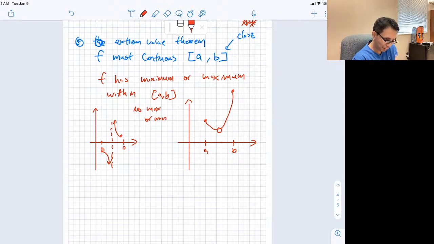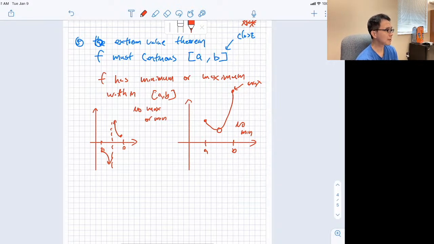You can say the minimum point is right around 2, but the problem is I cannot define it. Is it 2.01 or 2.001 or 2.0000001? I don't know what the minimum is. It's not definable. Even though roughly it is around 2, we don't know the exact value. So there is no min in this case. There is a max, called an endpoint max. So there was a max, but no min.